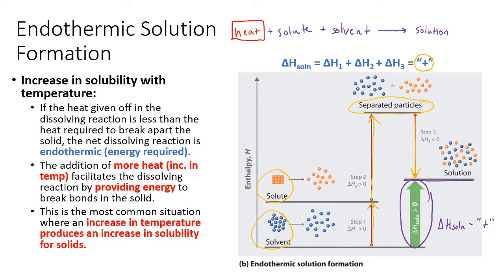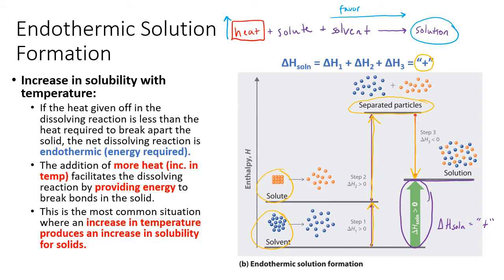And what's going to happen is if we warm up or provide more heat to our process of forming a solution, and it's an endothermic process where heat is on the left-hand side of the arrow, by increasing the amount of heat or increasing the temperature, we're going to end up shifting this process in favor of solution formation, away from the addition. So we're going to favor the side where we form our solution overall.